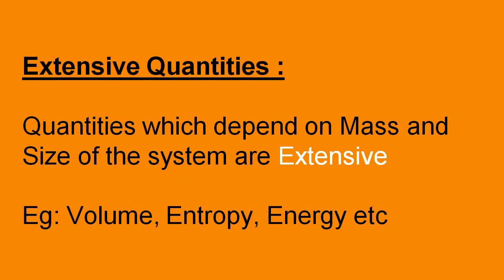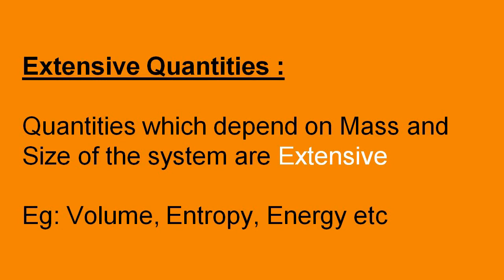And the extensive quantities you are defining as thermodynamic quantities which depend on mass and size of the system. Examples are volume, entropy, energy, etc. That means these quantities, the extensive quantities, depend on the mass and size.